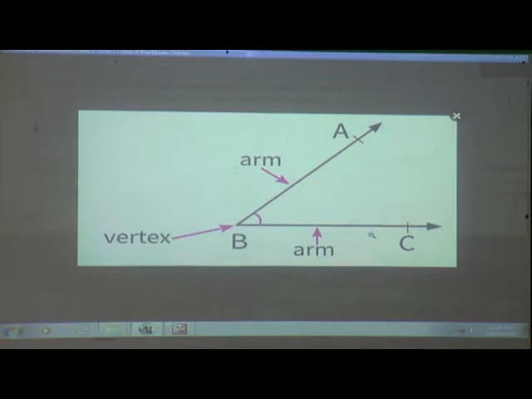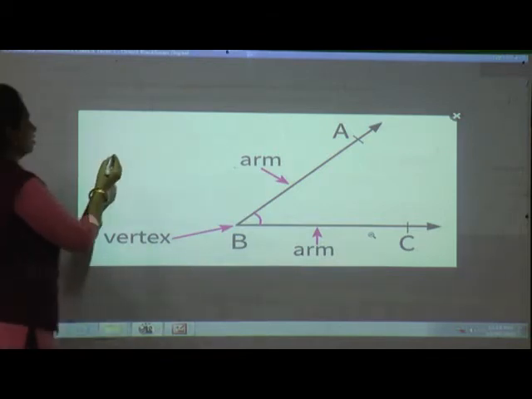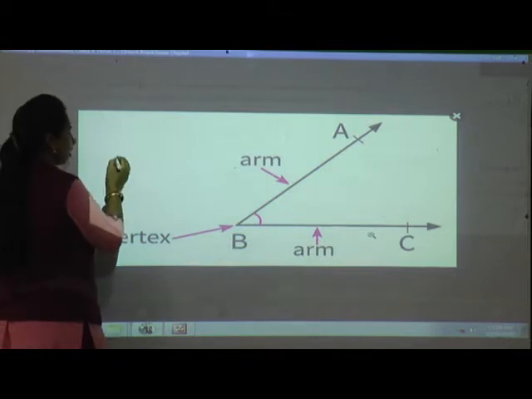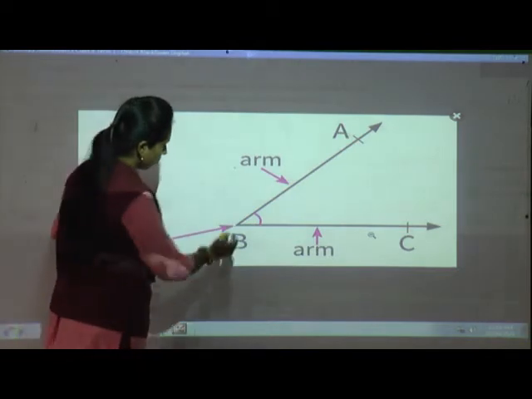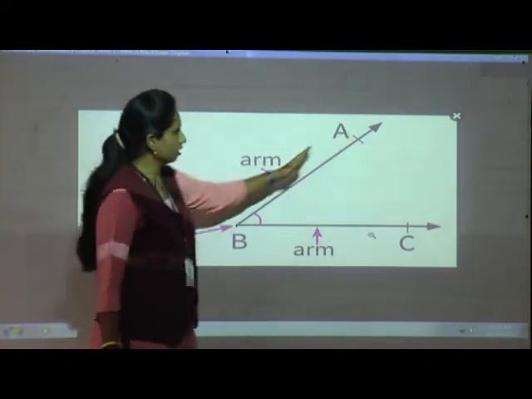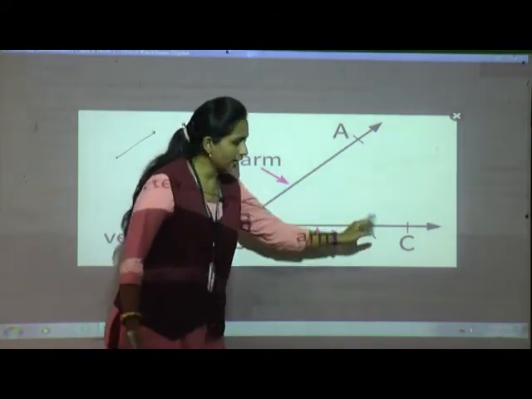Now when two rays meet at a point, an angle is formed. It is marked by a small curve. Now just try to recall your memory. What is a ray? A ray has a beginning but no end. Can you see the ray? Here is a point. See, one ray and two rays.